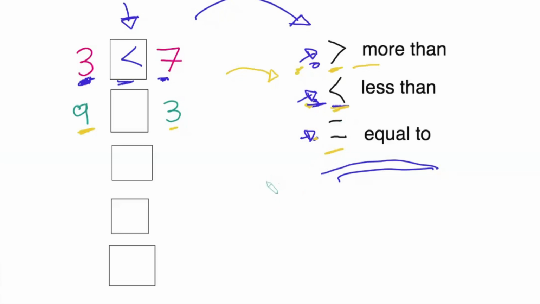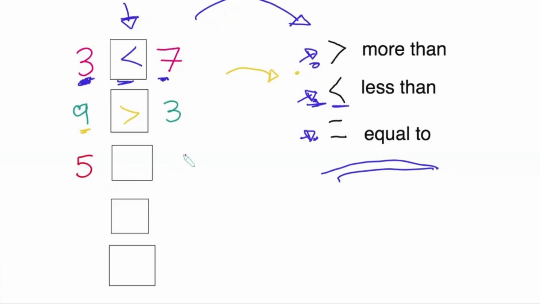Have a think. 9 is more than 3. So we're going to use this symbol right here. Let's pop it in, shall we? We're going to pop our more than symbol into the box to make our number sentence correct.